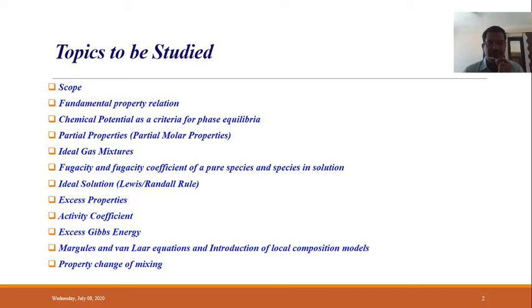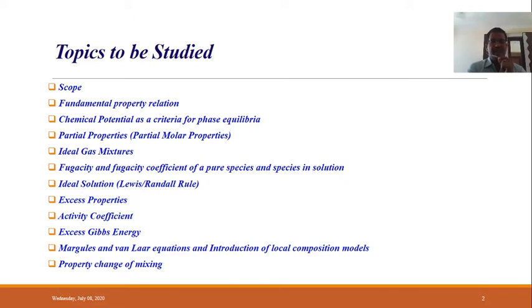So that residual property itself tells about the deviation from ideality. So that is again a very important aspect that we have to study, and how it will have impact on different properties, and then different chemical processes.